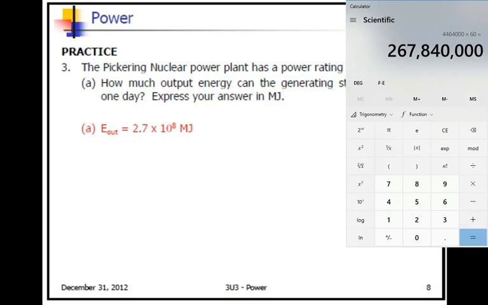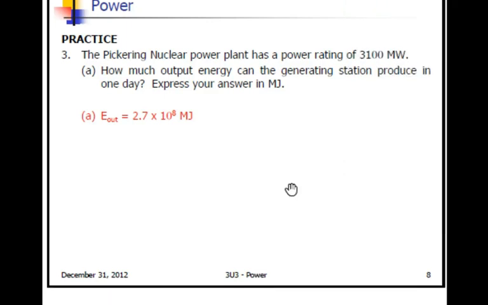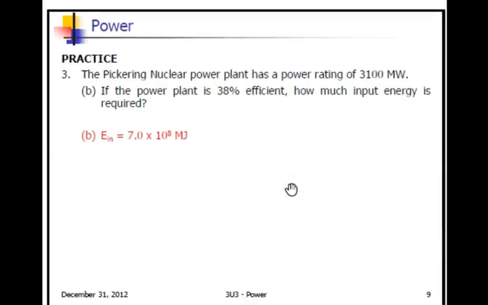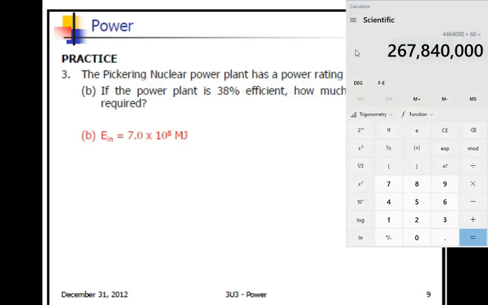Let's look at the second part of this question. If the power plant is 38% efficient, how much input energy do we require? Well, this is how much energy we produce based off the power rating.